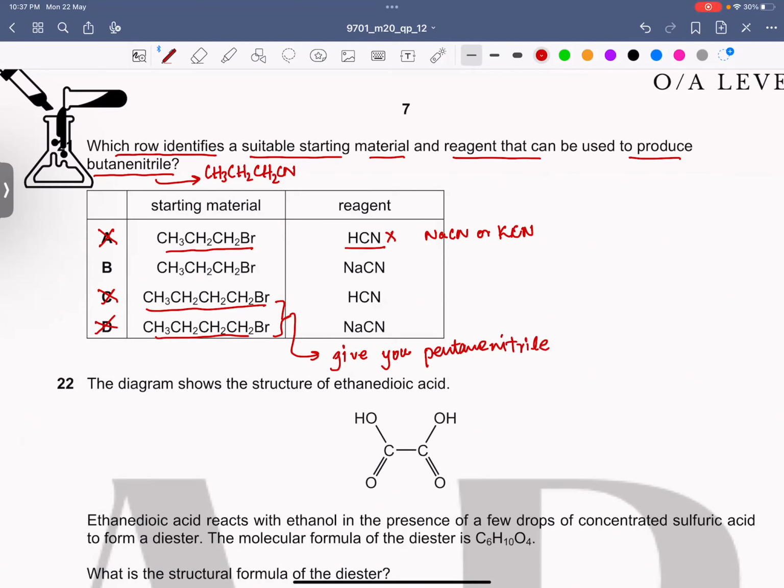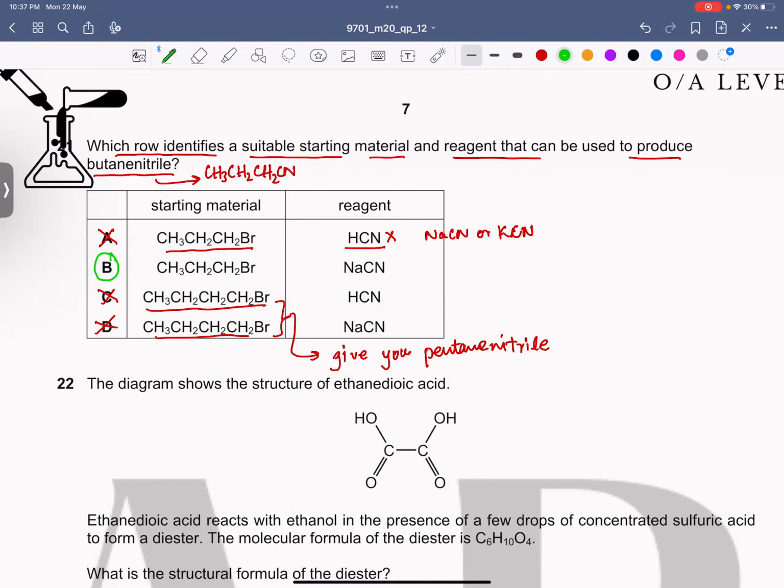So that's why it's clearly wrong. So we are left with only the B option. Our B option is correct, because when NaCN in ethanol reacts with bromopropane, the cyanide ion substitutes the bromide from the bromopropane, forming butane nitrile.